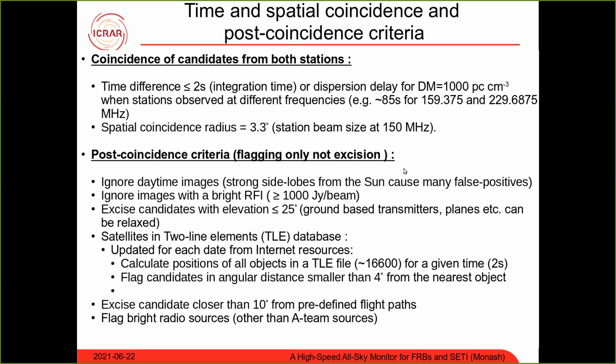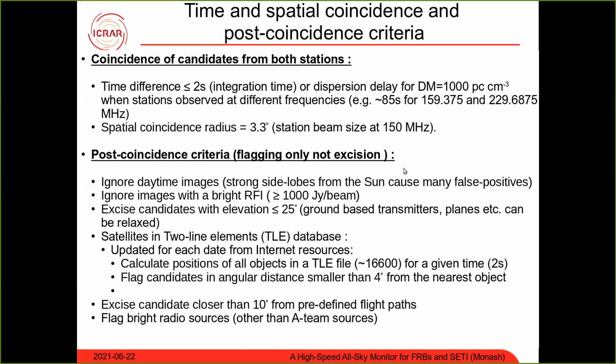We also have nearby planes passing by which can transmit, and we also have satellites, and these satellites can be quite annoying, so to speak. For these satellites, every evening I would create a list of satellites, objects in Earth orbit.